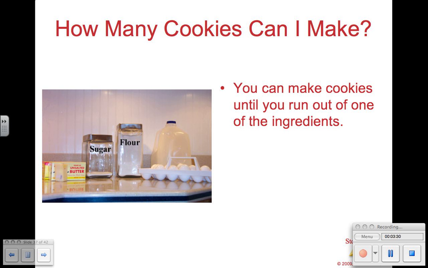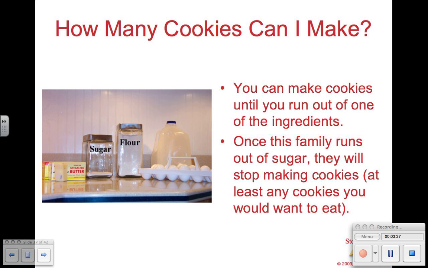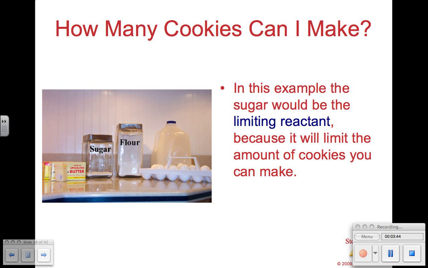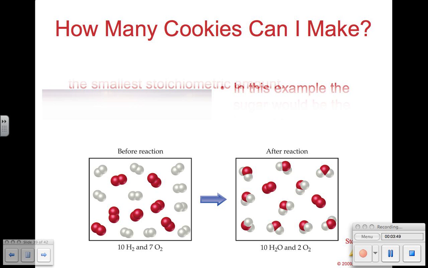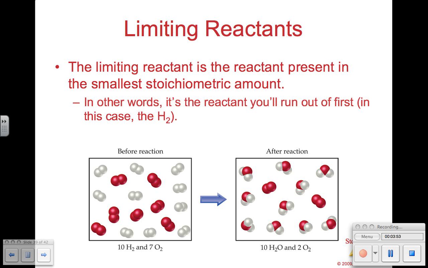If you look there, it looks like we've got a lot of supplies except sugar is what we're really low on. Once this family runs out of sugar, there's no more cookies. So the sugar would be defined as the limiting reactant, and then all the other materials are defined as excess reactants. So in a limiting reactant problem, you use the smallest stoichiometric amount, whichever one we're going to run out of.